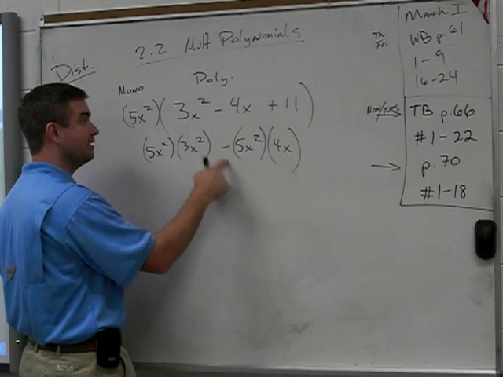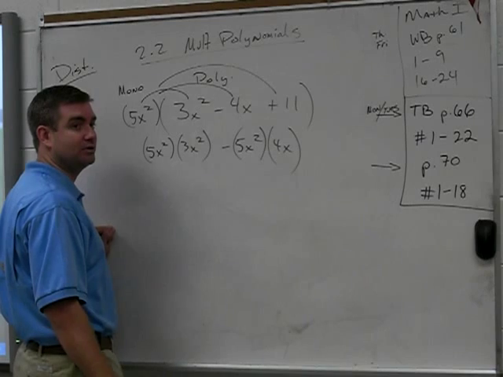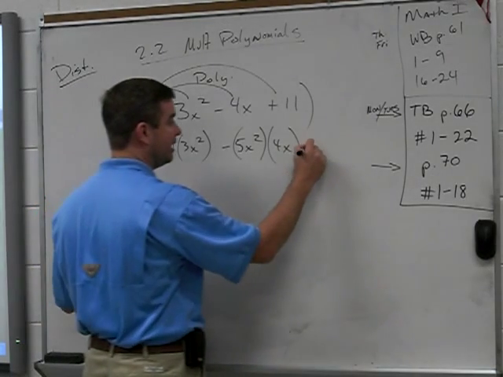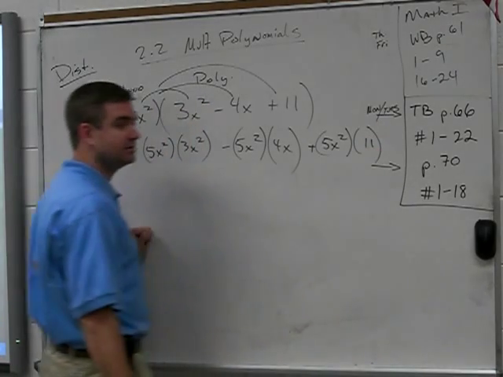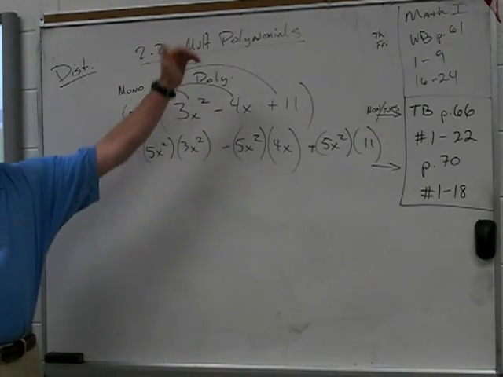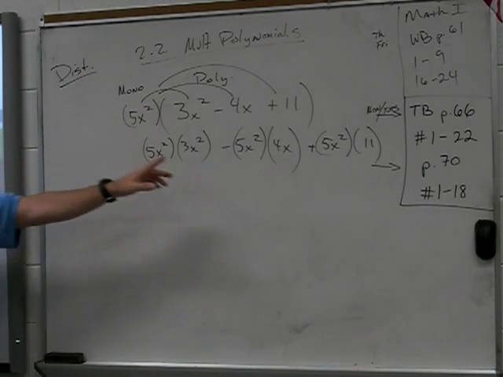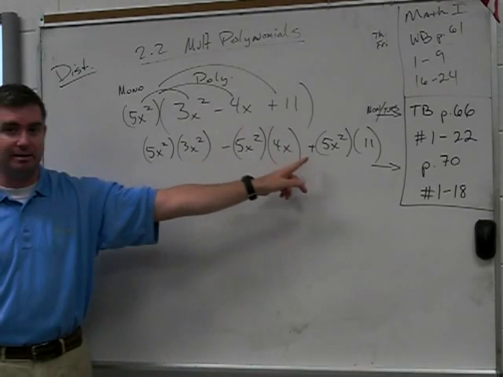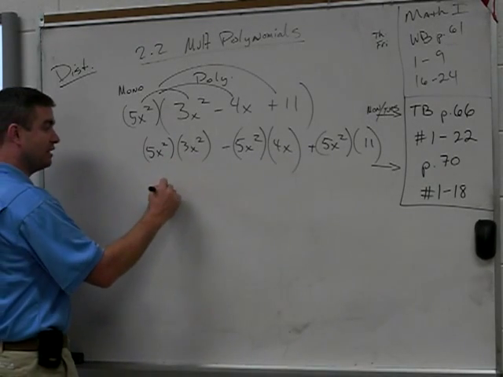I put the minus there. That times that. It went there, and I got to do it one more time onto the 11. Plus 5x squared times 11. So it went there, it went there, it went there. I used the distributive property, and I distributed, being very careful with my negatives and my positives. Okay? 5 times 3 is 15.